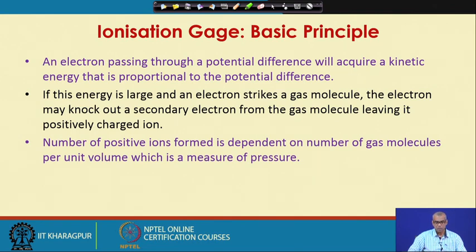Of course, the number of positive ions will also depend on the number of collisions, so the number of electrons that are passing through the potential difference.